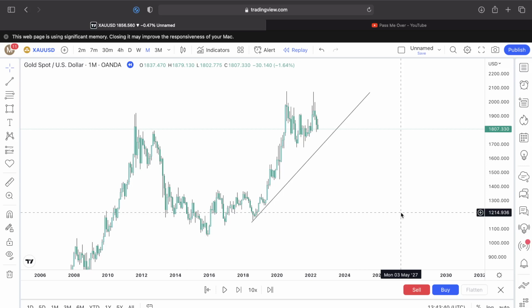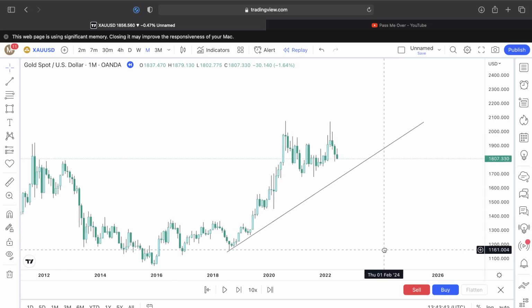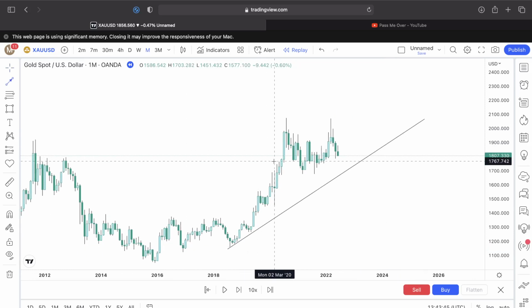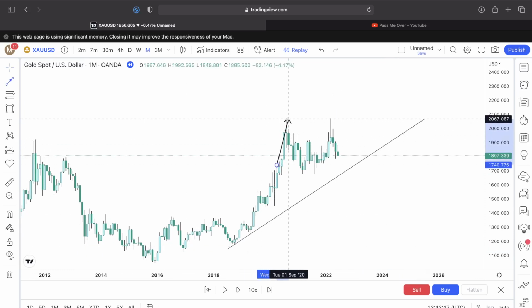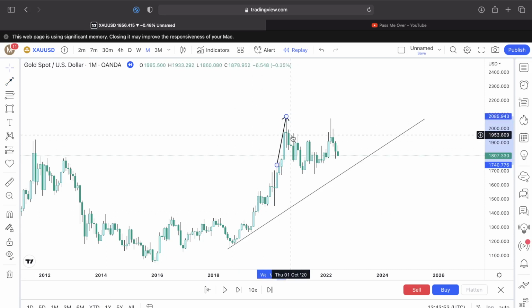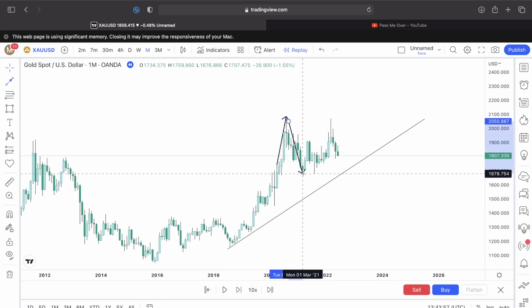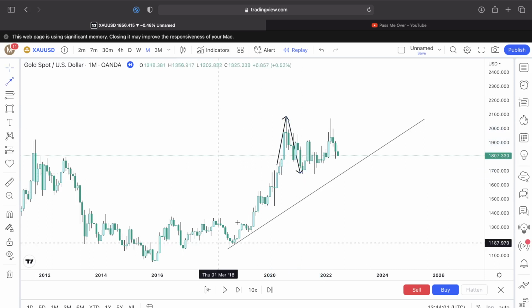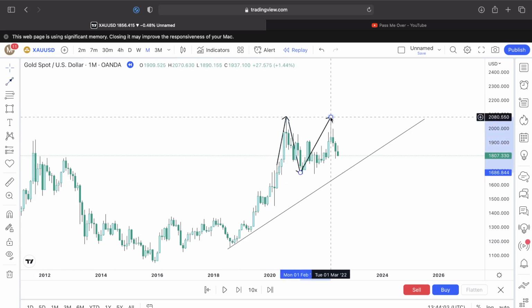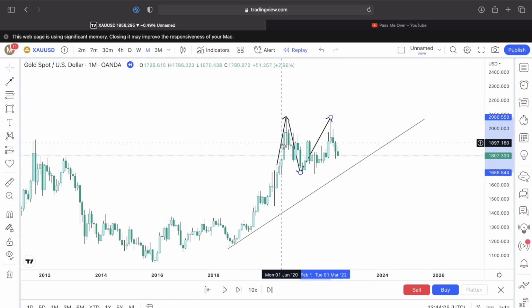Just in case you forgot, let me quickly recap. It goes up, it rejects or resists, that is the resistance area, and then it moves downwards, and here it rejects or supports an up move. That's just literally support and resistance.